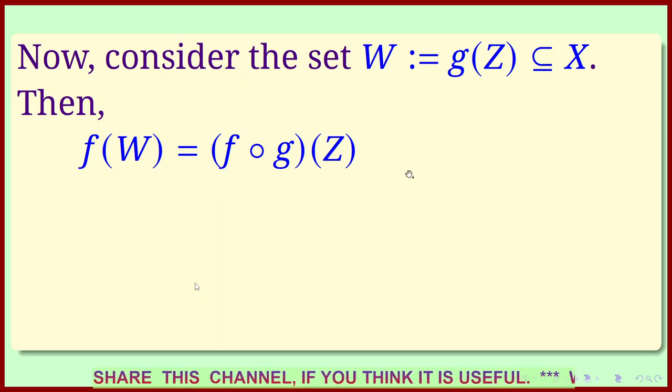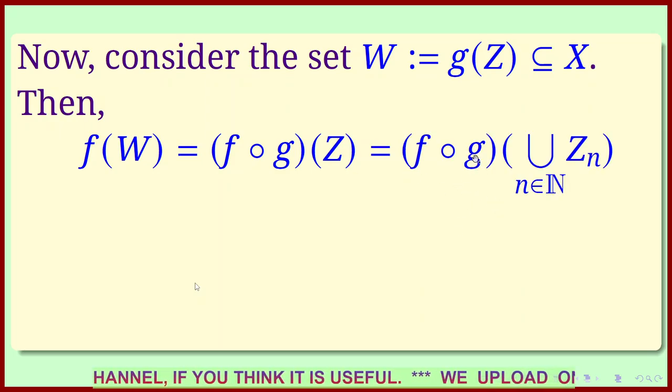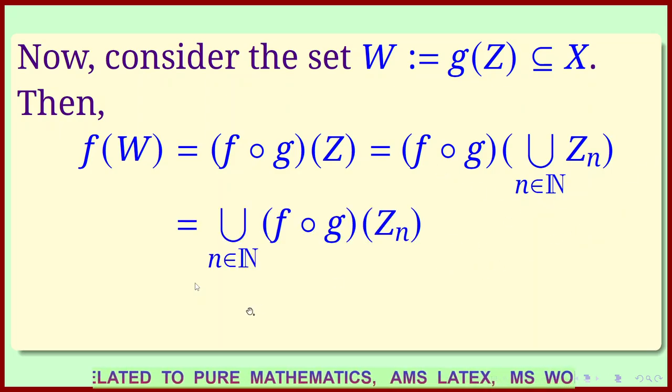And f composite g of z is equal to, you now put the value of z. Z is actually the union of all the zn. So if you put the value of z here, it will be like this, n going from 1 to infinity. And now these maps are well behaved with unions, arbitrary unions, so it will go inside. So it is the union of f composite g of zn, and the union comes outside.